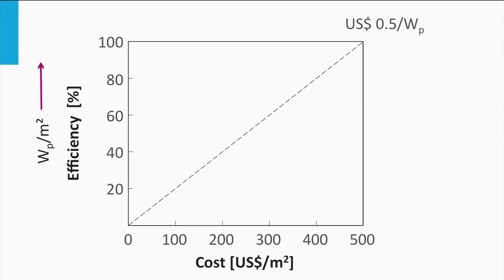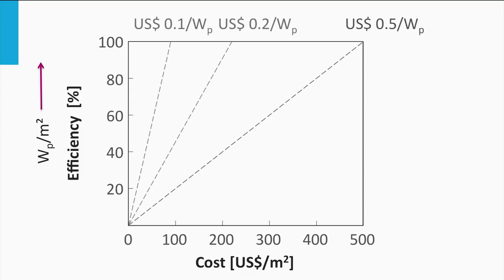It means that the slope of the dashed line is equal to the watt per dollar, or in other words, it's reciprocally linear with the cost price per watt peak. The cost price per watt peak corresponds to the cost price of the energy generated by the solar cell. In this example, the dashed line represents $0.50 per watt.